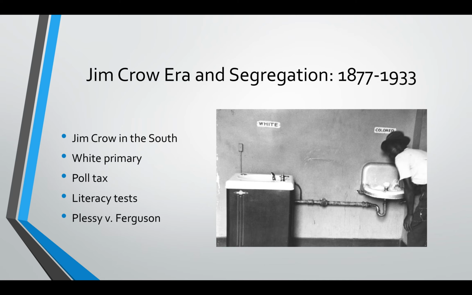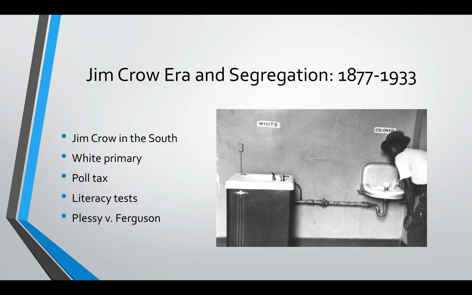Jim Crow laws were adopted throughout the South to disenfranchise black citizens and physically separate African Americans from whites. As part of Jim Crow, states had the white primary. These were primary elections that only whites could vote in. Poll taxes were levied on all registered voters and typically paid months before the election. They disadvantaged African American voters who tended to be poorer than whites.